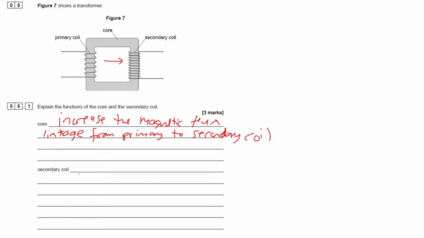The purpose of the secondary coil, first of all, again going back to understanding that it will have a changing flux through it. So the changing flux will, as we know, induce an EMF according to Faraday's law of induction.